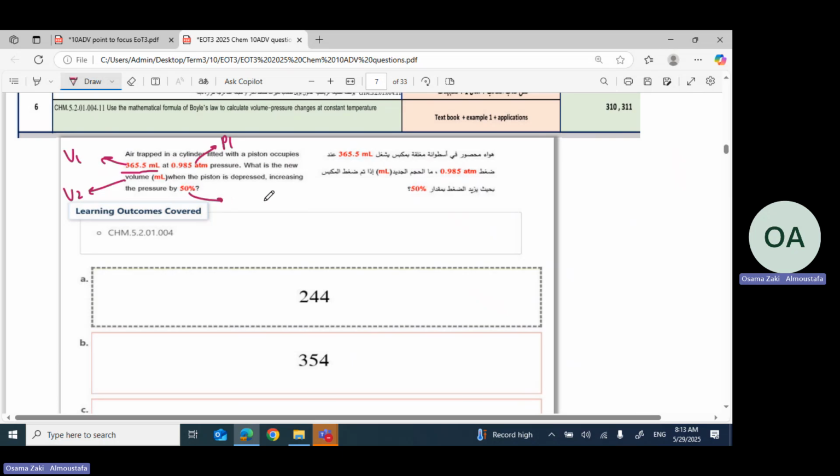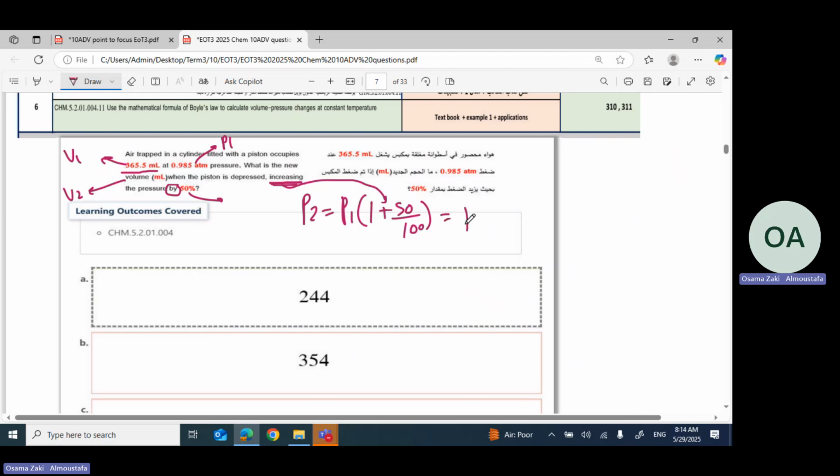Okay, increased by 50%. So the second pressure equals the first pressure times what? Second pressure equals the first pressure times 100%, which is 1, plus 50%. Why plus? Because increasing plus, decreasing minus. Why 1 plus? Because here we have by 50. So we have the original value plus 50%.